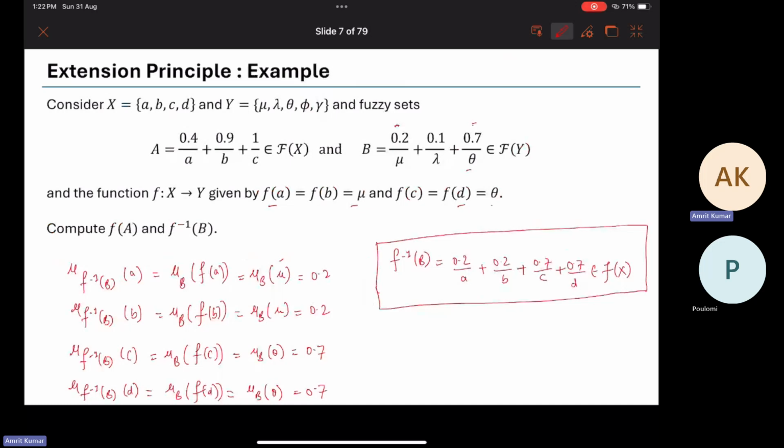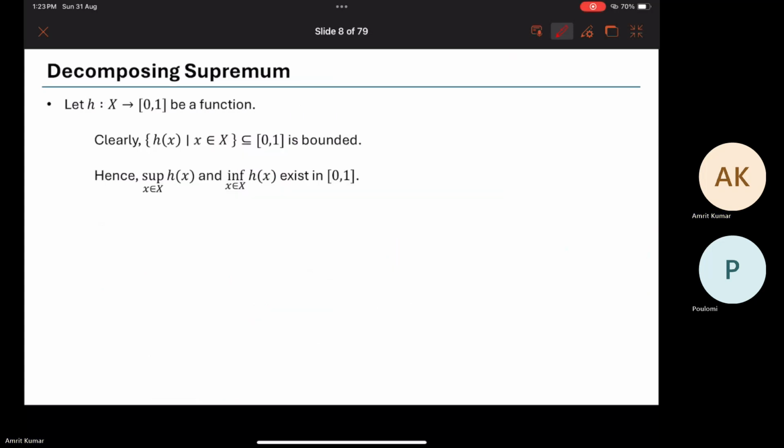Before moving on, I'd like to make a few comments that would simplify the process of computing f of A and f inverse of B. Before going into that, I'll discuss a few points about supremum.